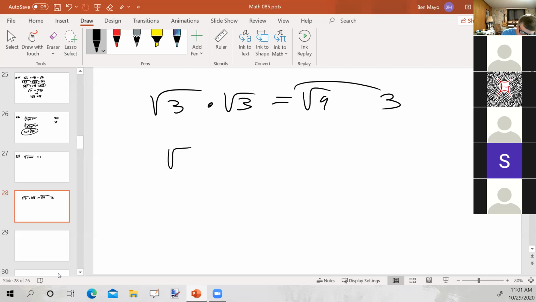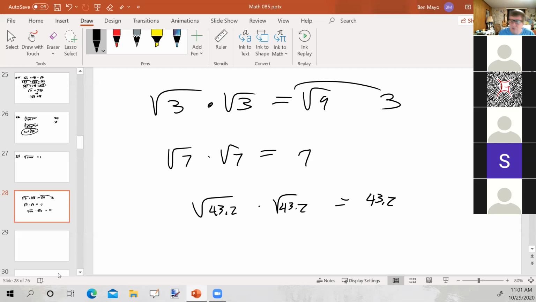What's the square root of 7 times the square root of 7? 7. What's the square root of 43.2 times the square root of 43.2? 43.2. Come on, folks, you're thinking too hard.